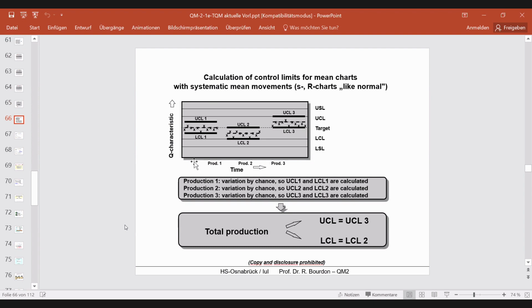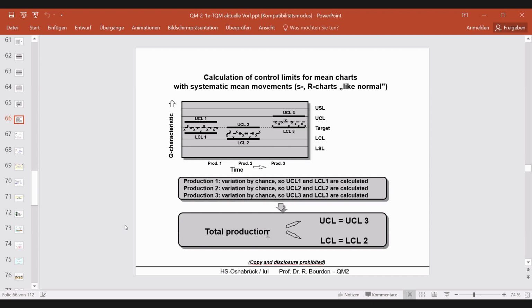mostly they're analyzing this over a period of several months, maybe 6 months, and then they say, okay, if the quality every time is in the specification limits, then we take the maximum control limit and the minimum control limit of the last 4 or 6 or whatever productions.